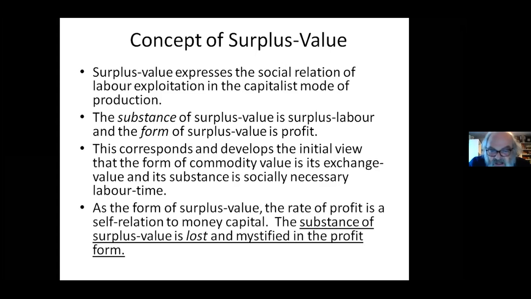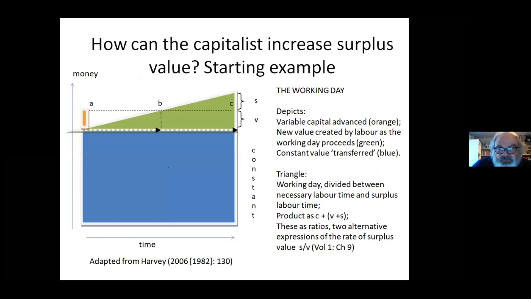It's like 1 million becomes 1.1 million, 200 million becomes 220 million, right? So in the relationship of the rate of profit, which is purely a percentage, if you like, the substance of surplus value is lost and it's mystified. You can't really tell, if you just look at rates of profit, where the profit comes from.